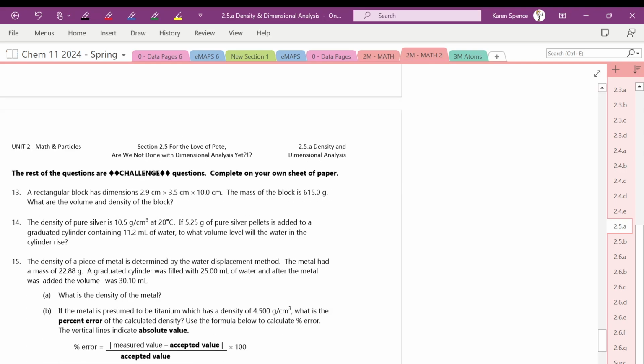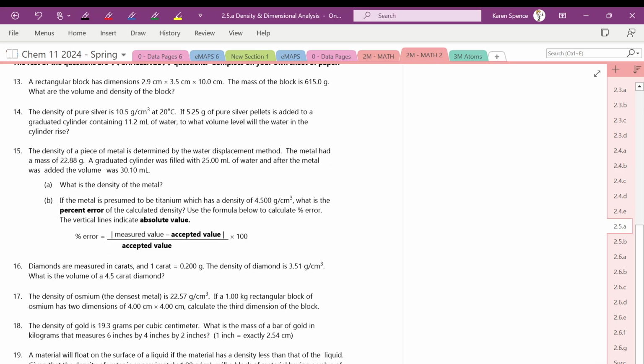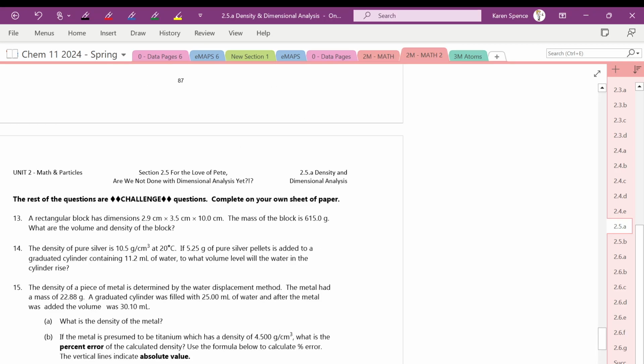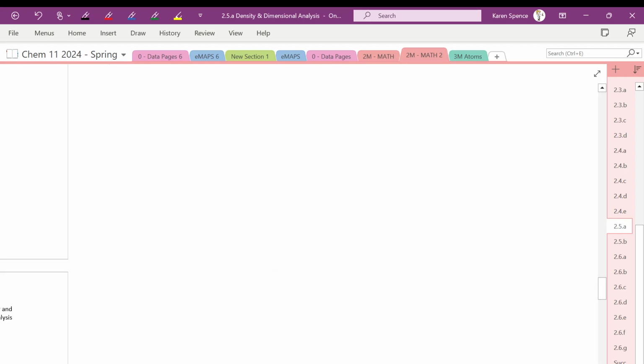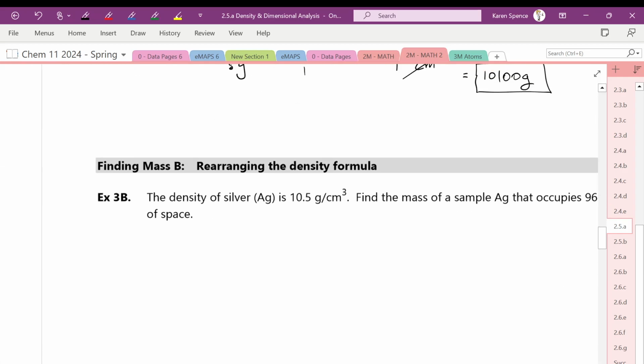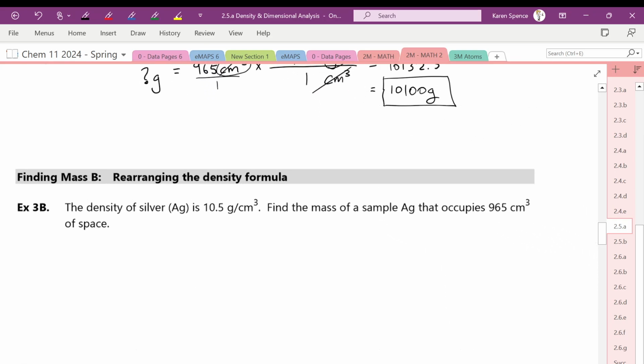Now, the rest of the questions after 87 are challenge questions. So you can do them if you want to, but there is no need to. So all of page 88 is challenge, enriched stuff.